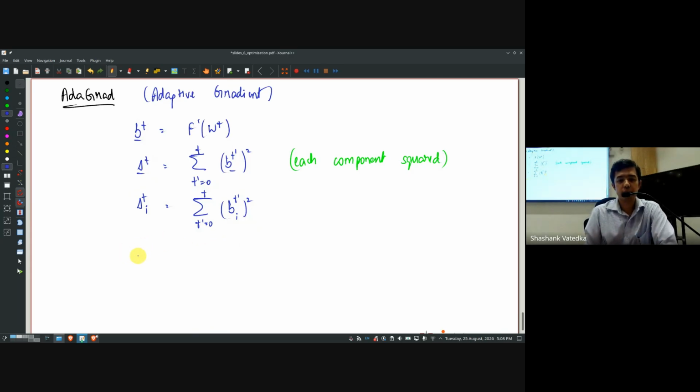Or equivalently, I can also say that st is equal to s t minus 1 plus bt multiplied with bt, component wise. So in each step, if I have to compute this st, I don't have to pay much of a price because I just have to store st minus 1 and then add bt squared. So per iteration, it's just an order d computation.